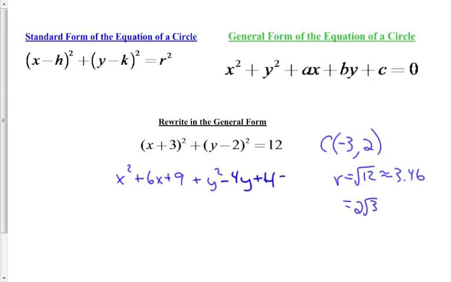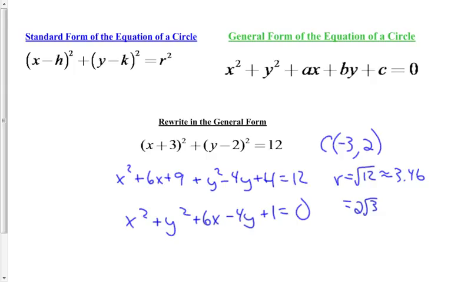Good. Equals 12. Perfect. And then we'll finish it up where we put the x squared first, then the y squared, then the x term, which is your 6x, then your y term, which is your minus 4y. The 9 and the 4 go together to give you 13. Subtract the 12, so you'll have a plus 1, and then equals 0.